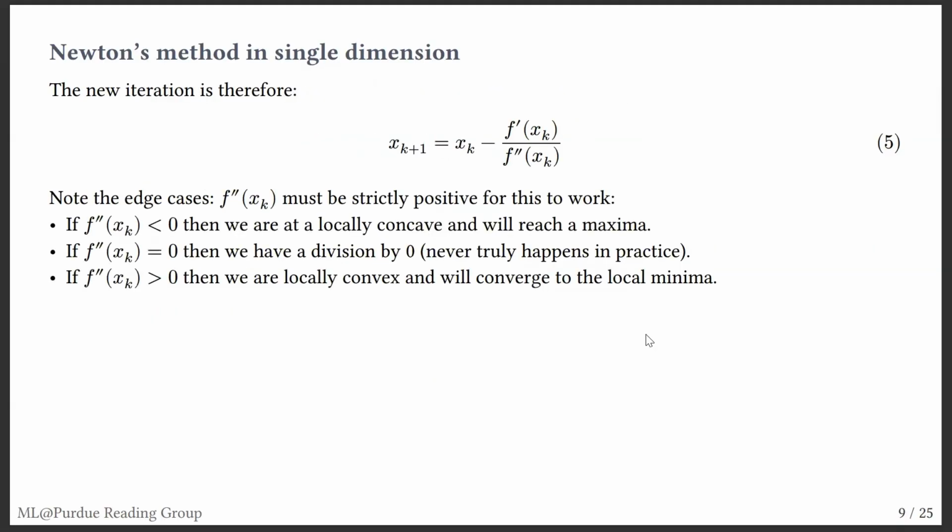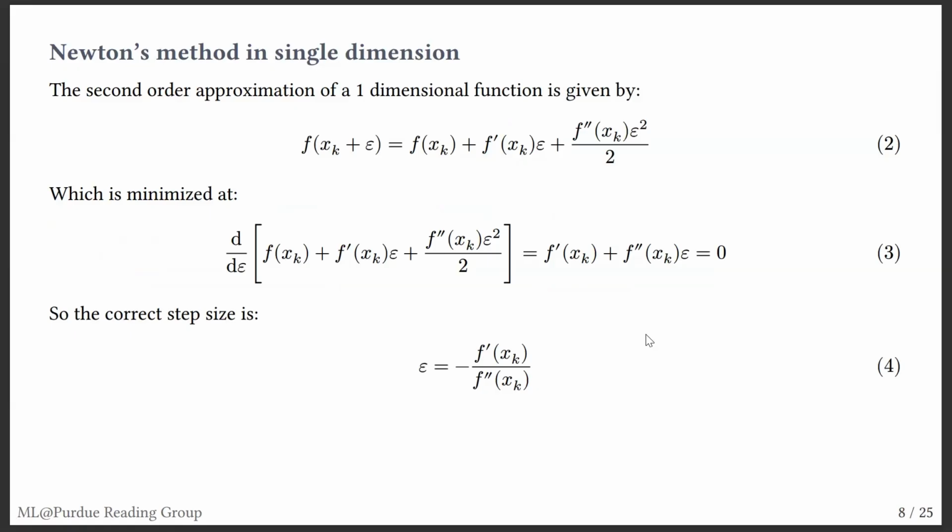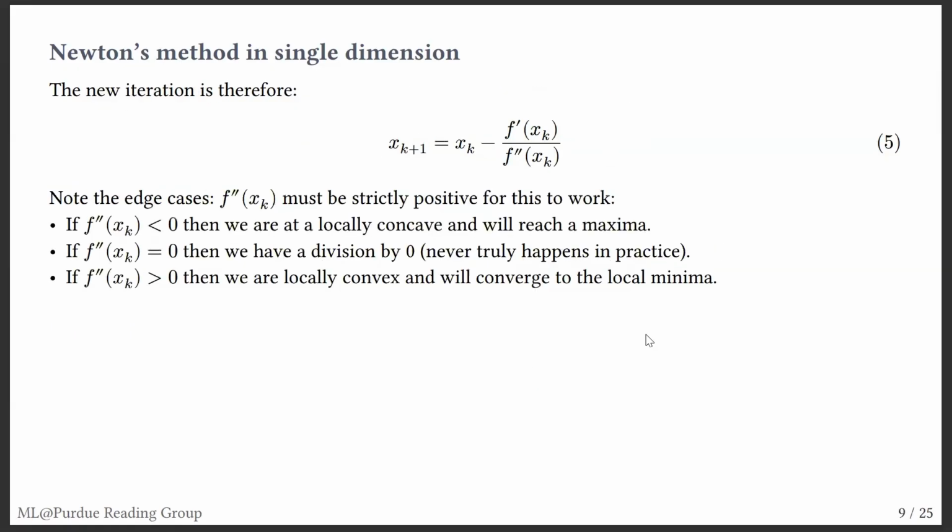So now this is your update, right? You wanted f of xk plus epsilon, and now you just plug in your epsilon. And you must have f prime prime of x be strictly positive. Again, I mentioned we're going towards f prime being 0, but you might know that this could be a maximum, a minimum, or a saddle point. Well, in one dimension, we don't have saddle points.